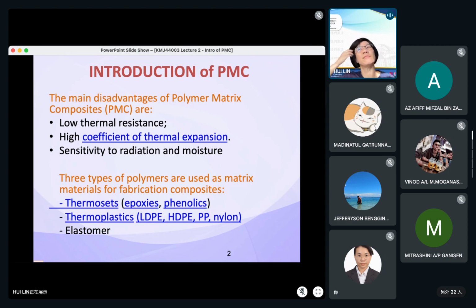Then we also learn that if we are incorporating organic and inorganic materials together, we need help from a material we call a coupling agent or compatibilizer, which we learned about earlier.